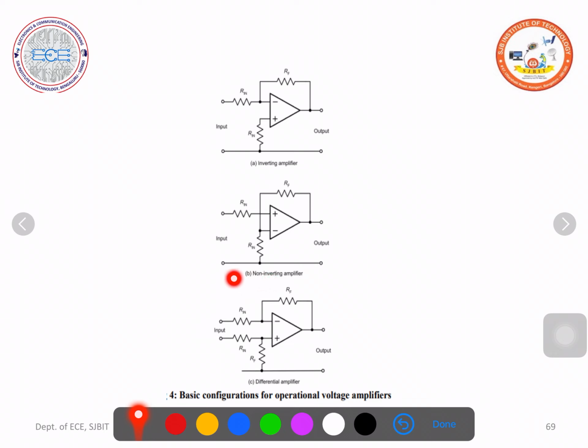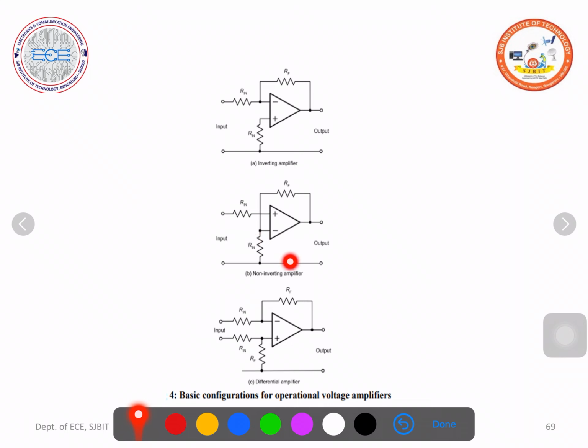Non-inverting amplifier, the name itself says non-inverting. The input is applied to the non-inverting terminal through a resistance Rn. That's all the difference between the inverting and the non-inverting. In the inverting amplifier, we applied the input to the inverting input terminal through Rn.